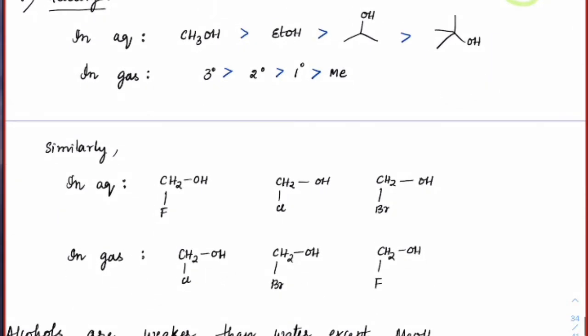Same thing, if you see methanol with fluorine, chlorine and bromine substitution, so fluoromethanol, chloromethanol and bromomethanol, if you consider in aqueous solution, definitely this would be more acidic, because fluorine will exhibit a strong minus I effect as well.